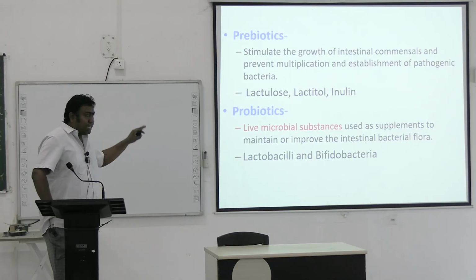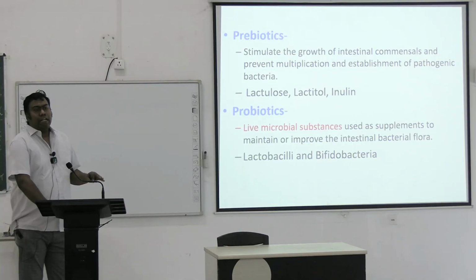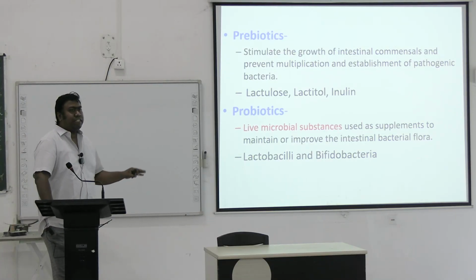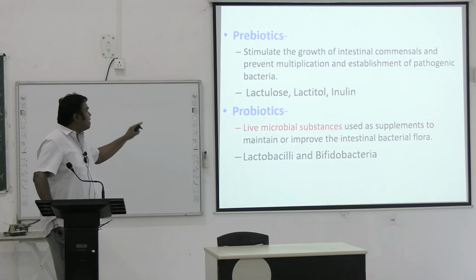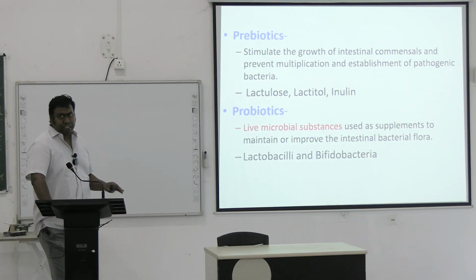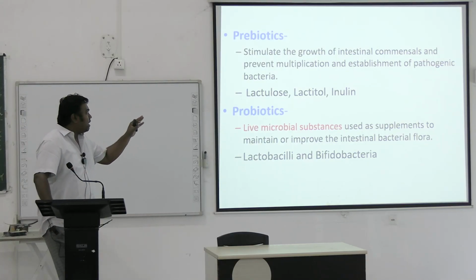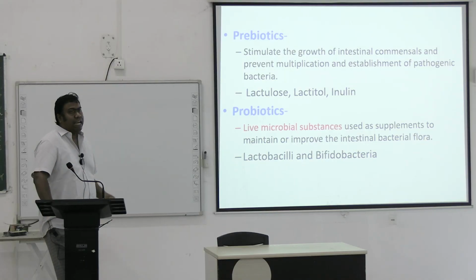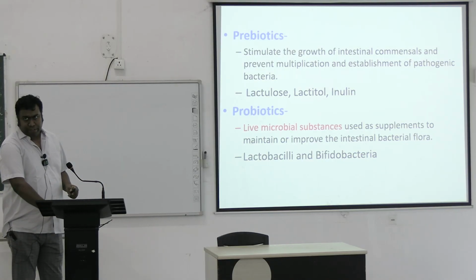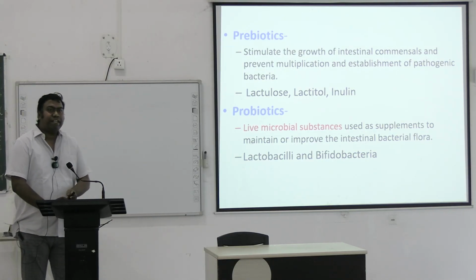If these agents are live microbes, then they are called probiotics, and when they are not live microbes, they are called prebiotics. Prebiotic examples are lactulose, lactitol and inulin, whereas lactobacilli is an example of probiotics. When do we use prebiotics and probiotics?